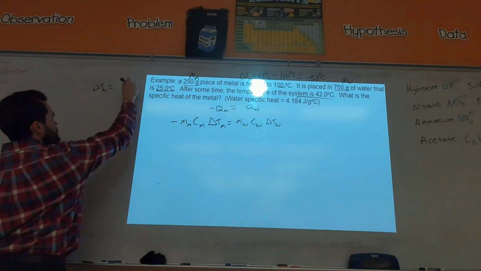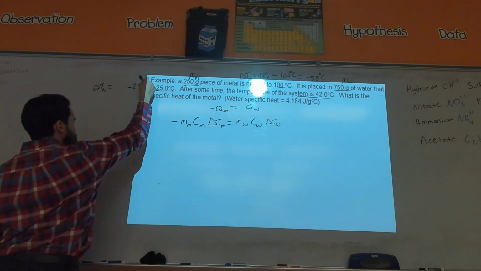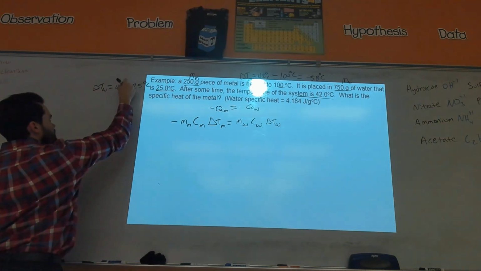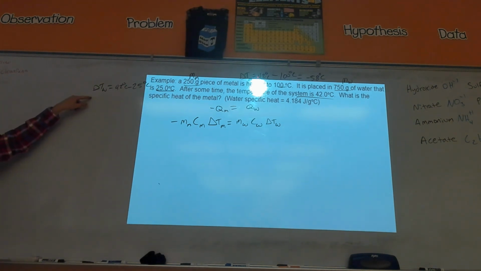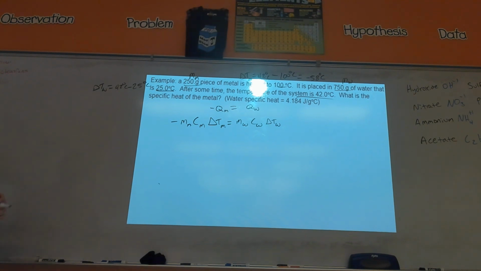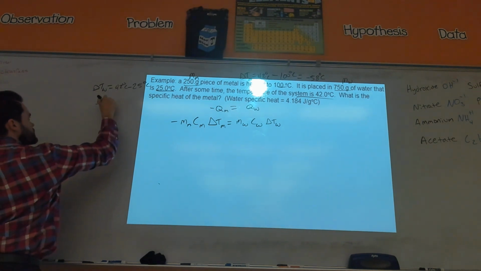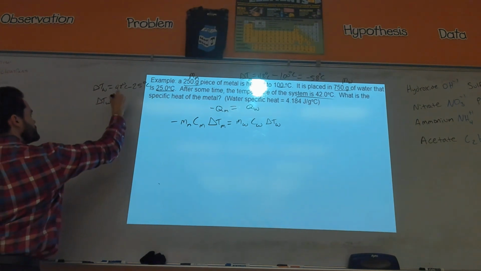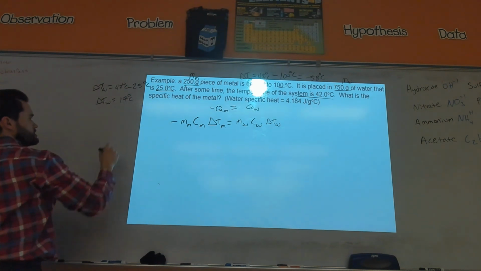So then what's your final? 42, good. So the metal and the water have the same final temperature. That's key to understanding what's happening here. They have the same final temperature because they are mixed together in this styrofoam coffee cup. So delta T of the water will be 42 minus 25, which is 17.